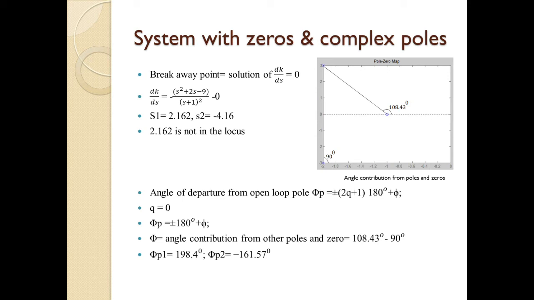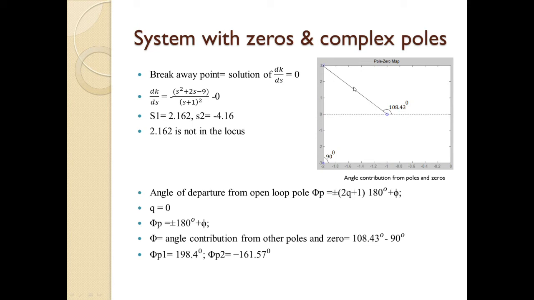Next we need to find out the angle of departure from the open loop pole, because it has two complex poles. To find the angle of departure, the formula is (2q plus 1) into 180 degree plus phi. Now this phi is the angle contribution from the other poles and zeros to this pole. First we calculate the angle of departure from the minus 2 plus j3 pole.